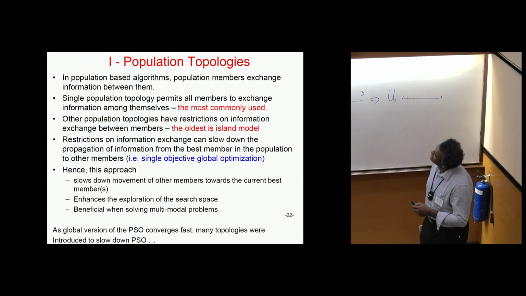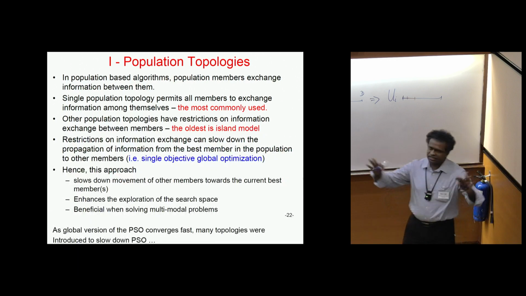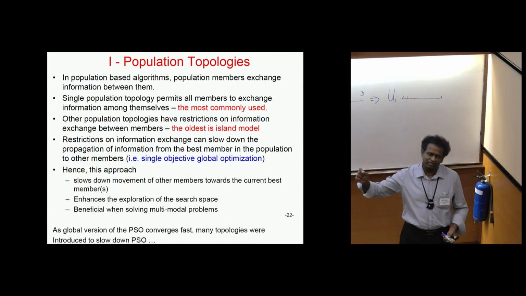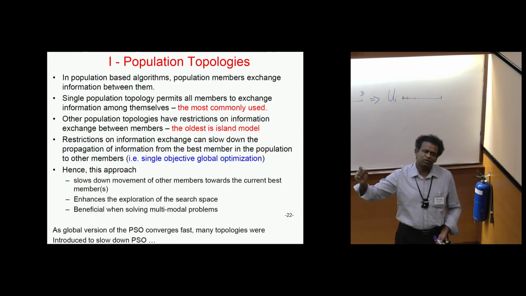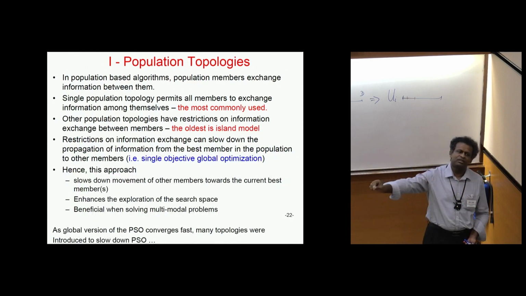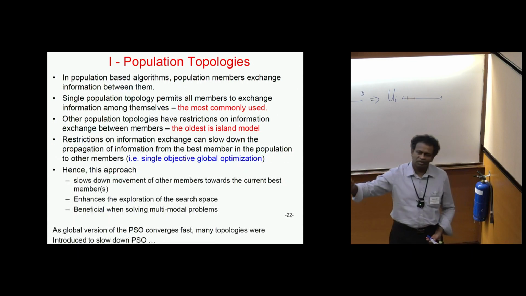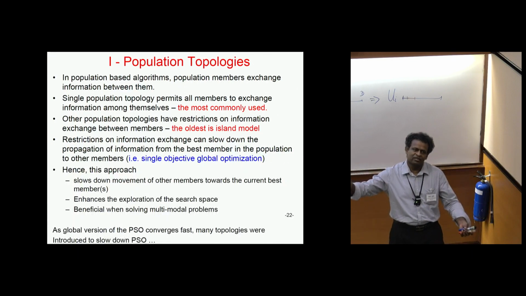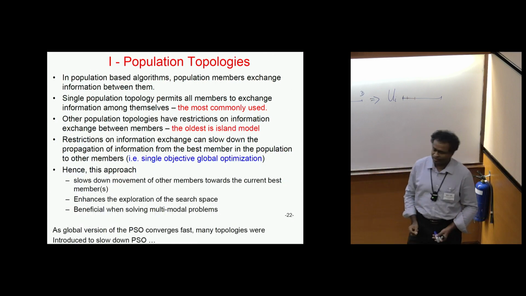When you initialize the members randomly, there may be one solution which is very good initially. If you allow this good member in the initial population to influence all others, it has the potential to attract others near it. But this initial good solution can be far away from the global solution because you randomly initialize all of them.